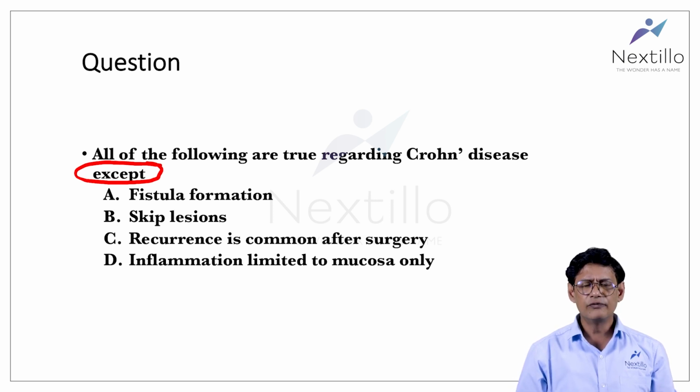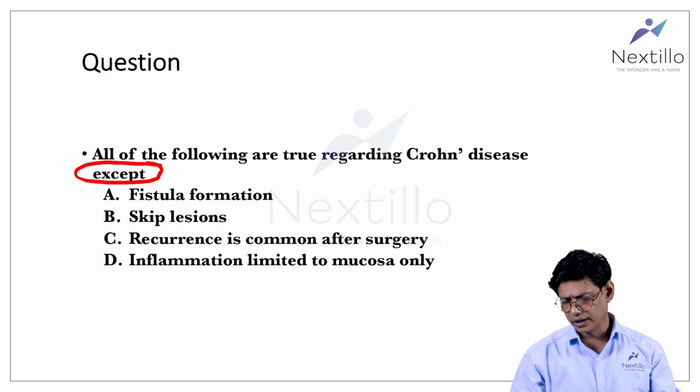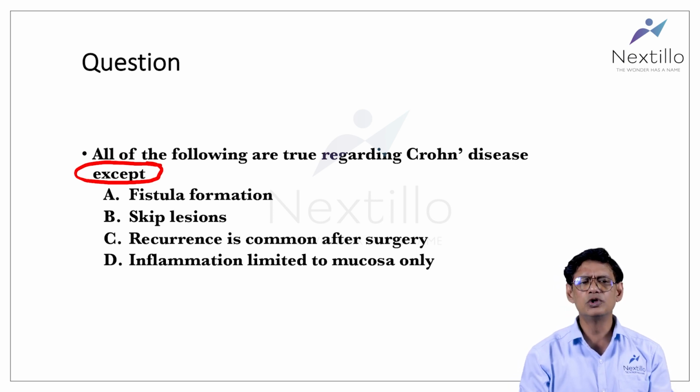The characteristic features of Crohn's disease are that it may involve any part of the intestine, starting from the oral cavity up to the anal opening. This disease tends to be discontinuous: one area of the intestine is involved, then another area is involved, and in between these 2 areas there is an area which is normal, and therefore skip lesions are seen.